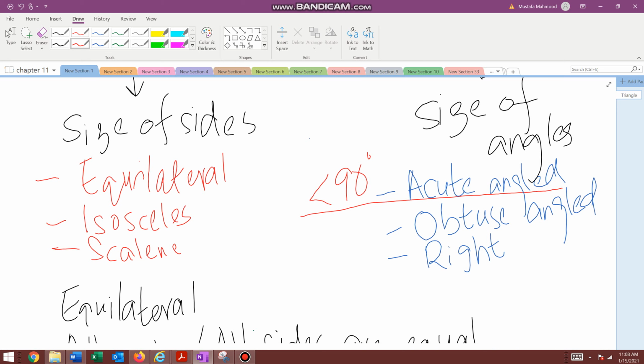Obtuse angle is the one greater than 90 degrees. So over here, at least one angle greater than 90 degrees, that will be an obtuse angled triangle. And right angle is equal to 90 degrees. So a triangle with one angle equal to 90 degrees is called a right angled triangle.